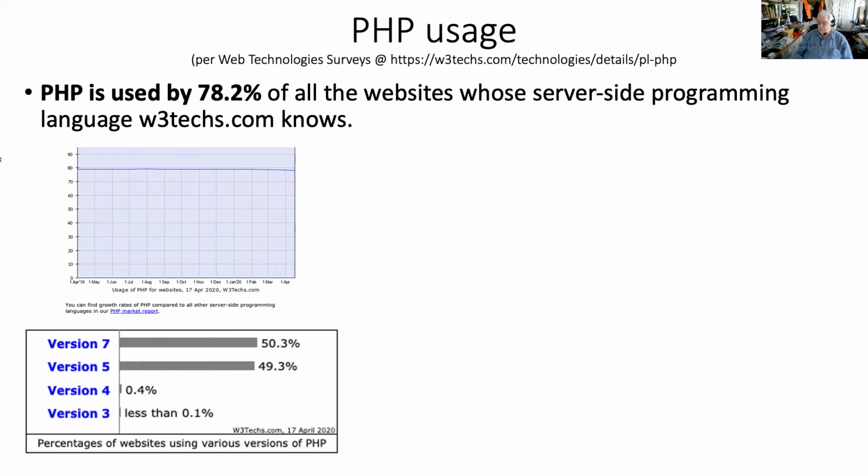There are versions of PHP, and the world's now shifting from PHP version 5 to PHP version 7. PHP has done a pretty good job of having backward compatibility, so if you've written version 5 PHP code, it will probably run on version 7.